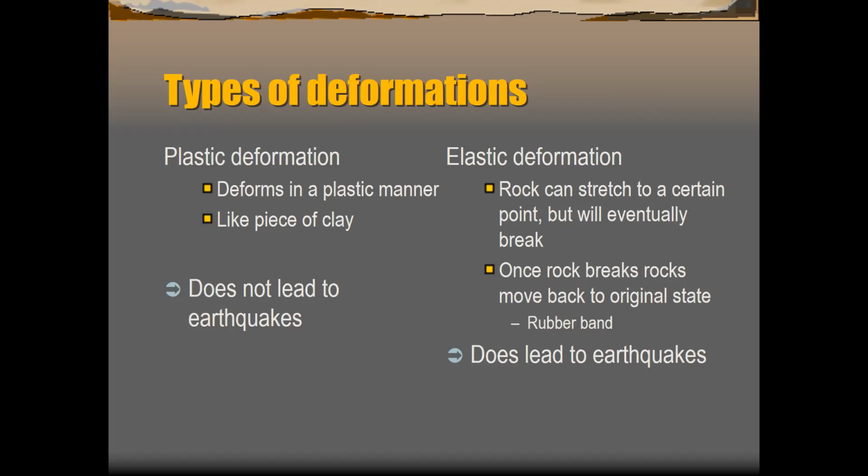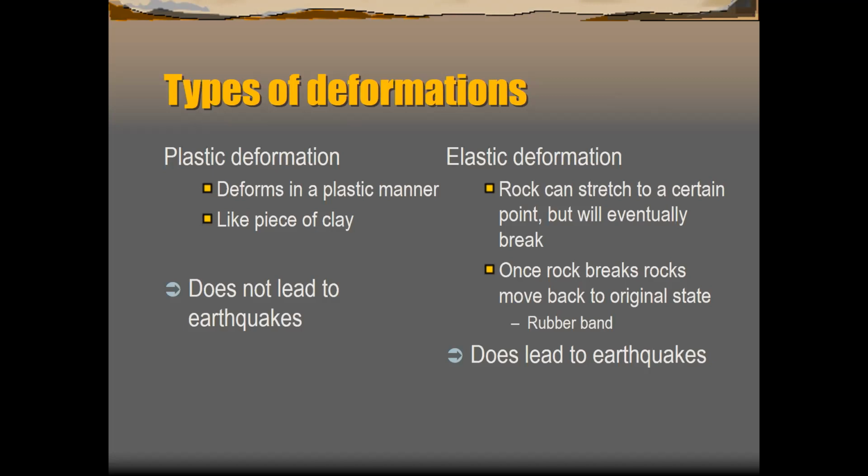It's not brittle, but it acts more like a slow moving solid. So that's plastic. Plastic deformation is going to change what the layers of rock or layers of ground look like, but it does not necessarily lead to earthquakes because as it moves and as it's bent and stressed upon, it just kind of takes a new shape. Plastic deformation, new shape.